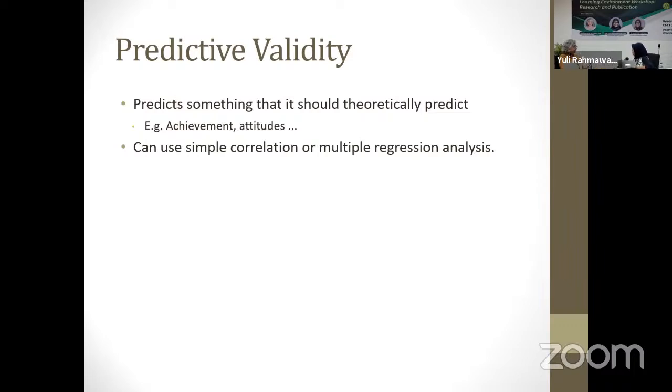Face validity is familiar, but predictive validity? Face validity is only looking at the clarity of the language, but predictive validity goes into the statistical analysis, where you look at the correlation.